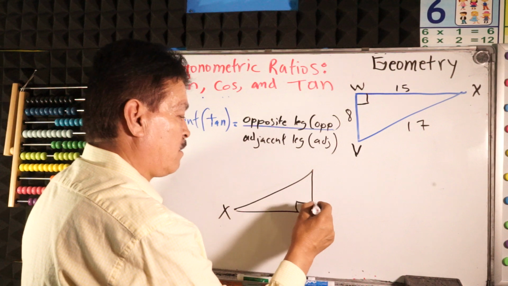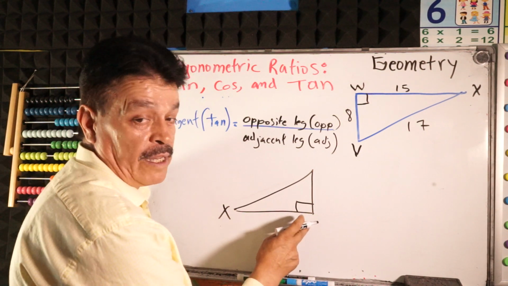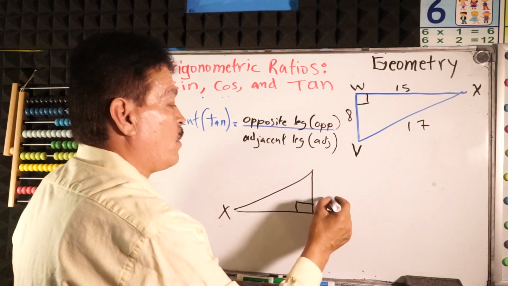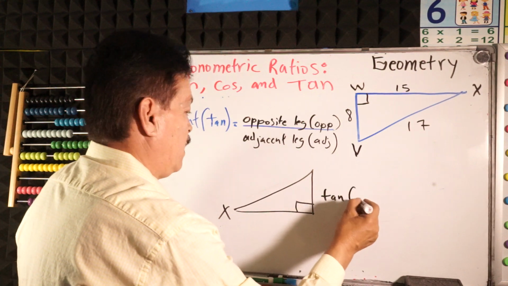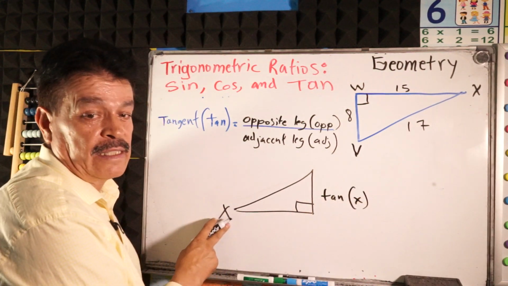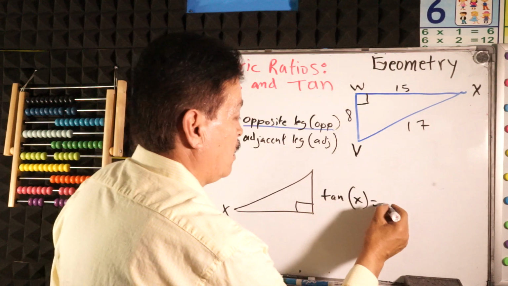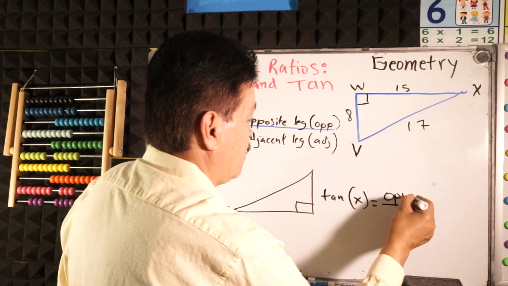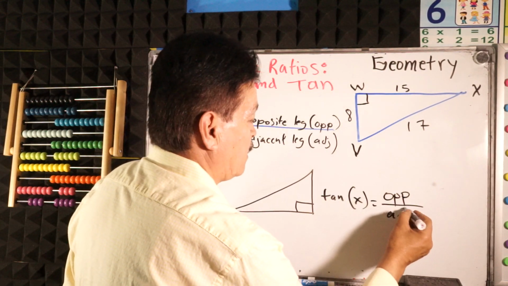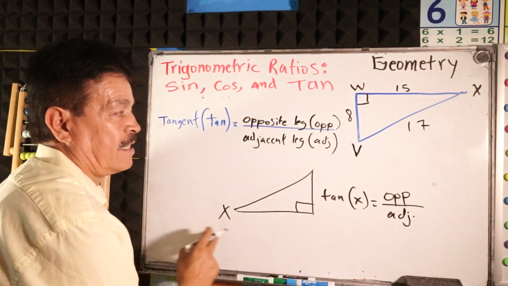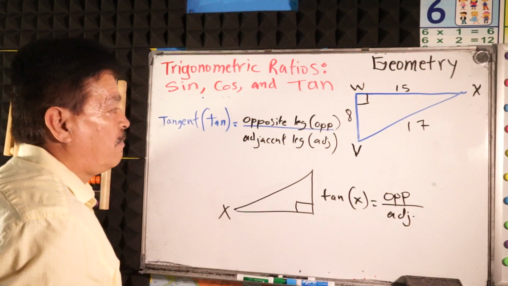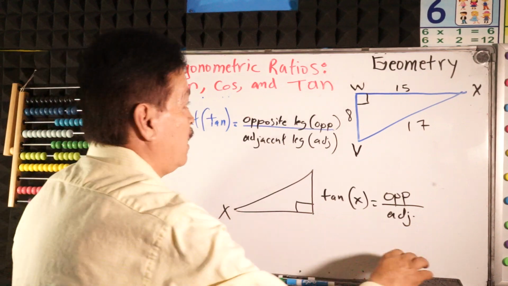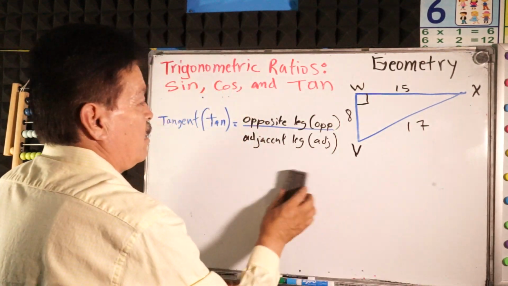This is the right angle right here, and then you write tan of angle X equals opposite divided by adjacent. So this is our concept for tangent. The same thing for the other ratios.